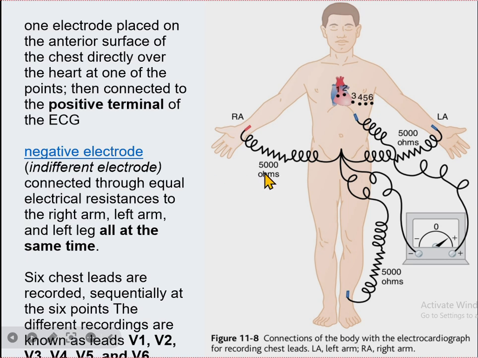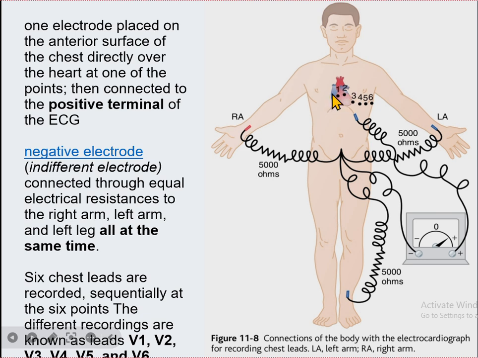So in this illustration, measurement of the precordial leads, they didn't put the terminals at once. They first got the right arm, left leg, and left hand, and combined them and put it on the negative terminal. Then to record V1, get the positive terminal, put it in position of V1.